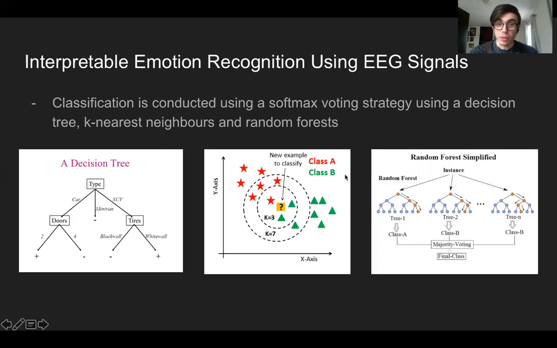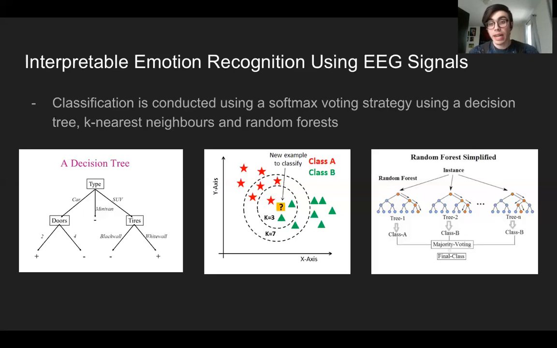For k-nearest neighbors, this middle one right here, what we effectively do is we plot our observable data and we determine which samples are closest to this data. And depending on a max strategy using the k-nearest neighbors, we say, okay, this unknown data sample belongs to this class because it's most similar to these k neighbors around it.